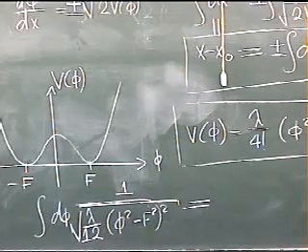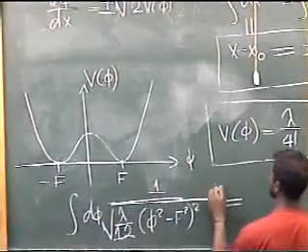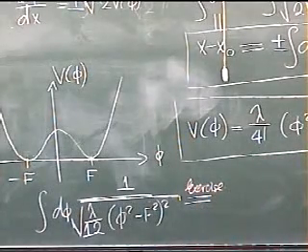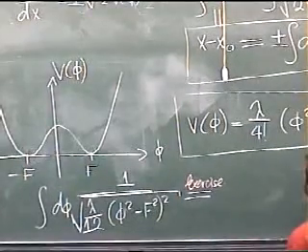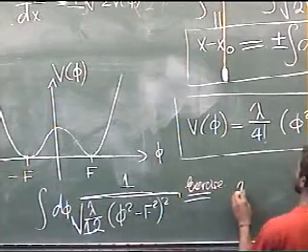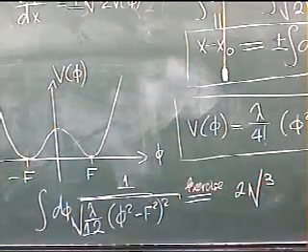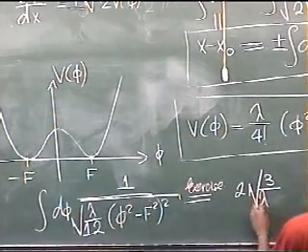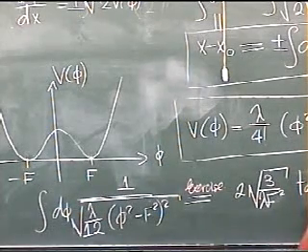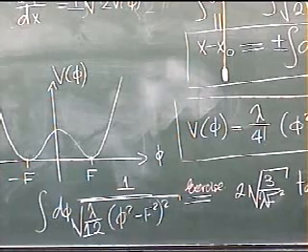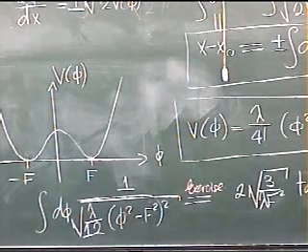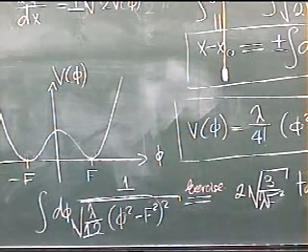I'll leave it as an exercise, to show that what you get is 2 times root 3 over lambda f squared times the inverse hyperbolic tan of phi over f.